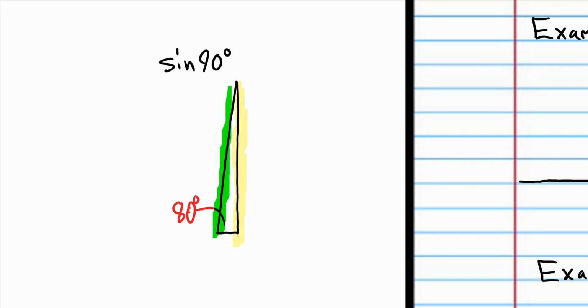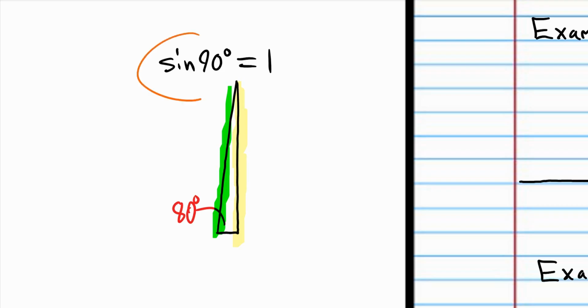But for reasons that you're going to learn when you go into science and upper math courses and engineering courses, if you do choose to be an engineer, you're going to find that mathematicians, scientists, and engineers have decided to define this value as 1, because as this angle approaches 90, as we mentioned, the yellow side, the opposite side, and the green side, the hypotenuse, get to the point where they have lengths that are almost equal.